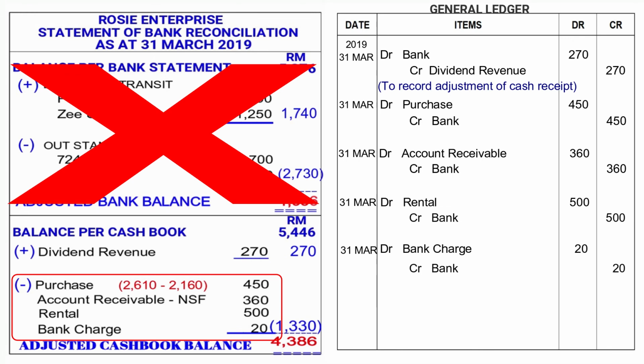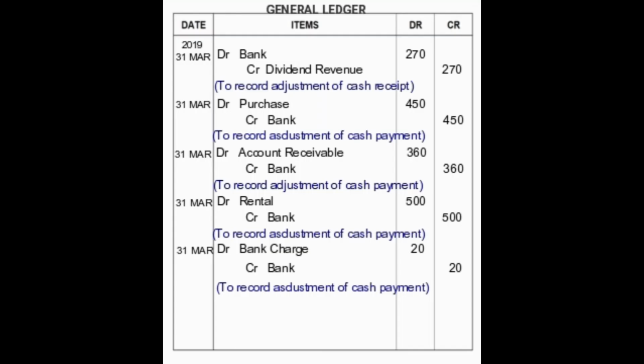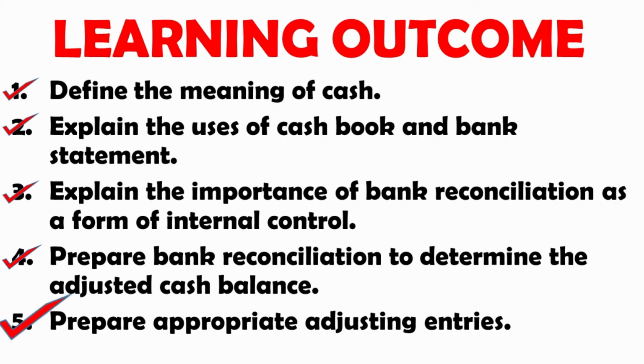Okay, again, don't forget the explanatory, that is to record adjustment of cash payment. Okay, here you go. You have completed your general ledger with appropriate adjusting entries.